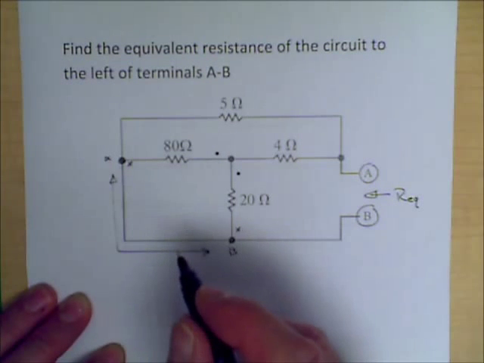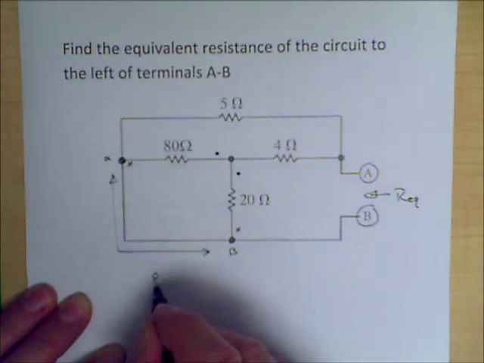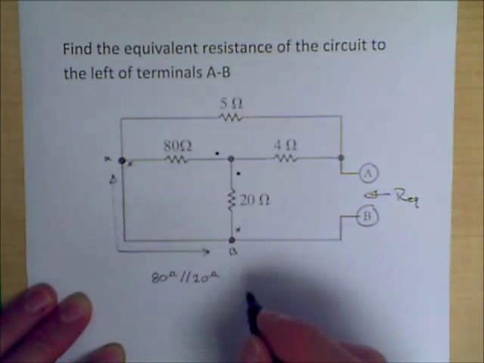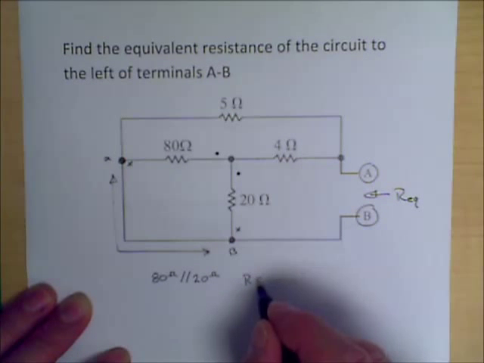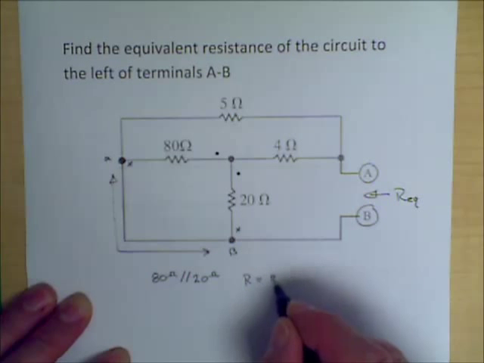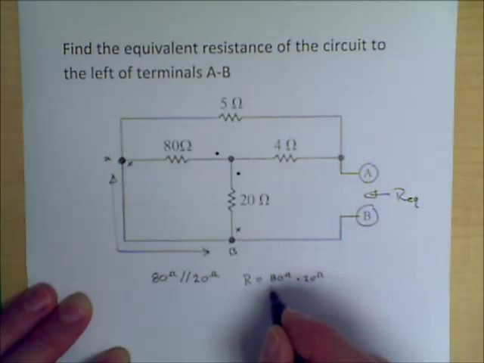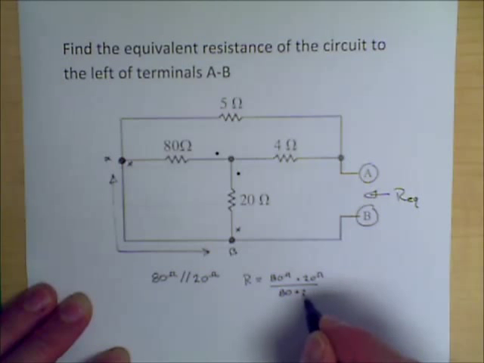And so therefore the 80 ohm resistor is in parallel with the 20 ohm resistor. Therefore the equivalent resistance of that combination is equal to 80 ohms multiplied by 20 ohms divided by 80 ohms plus 20 ohms.